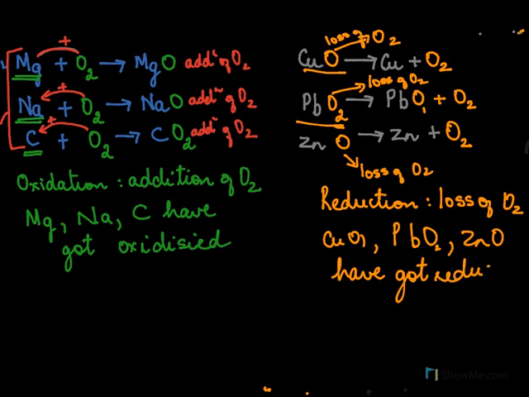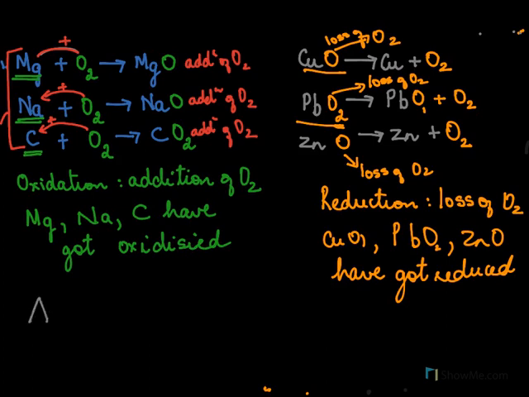Why have they got reduced? Because they have lost oxygen. So I repeat again: a substance that gains oxygen is said to have been oxidized, and a substance that loses oxygen is said to be reduced.